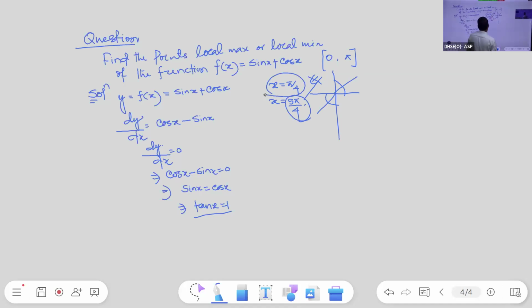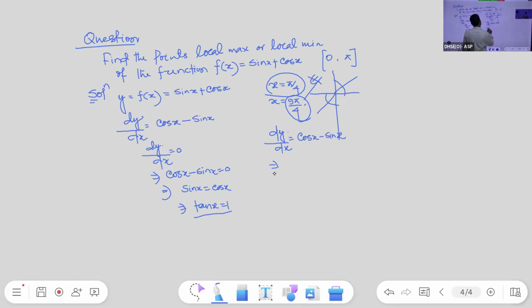Now we have to check whether x is equal to pi by 4 is a point of local maximum or local minimum. Then we have to find the higher order derivatives. So dy upon dx is equal to cos x minus sin x.